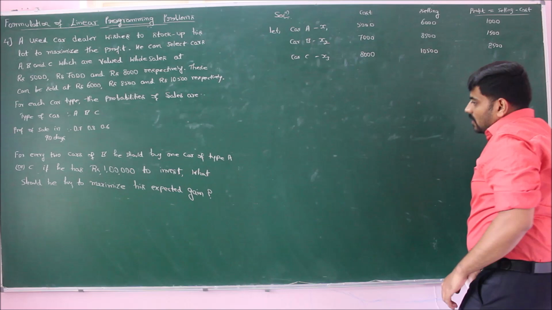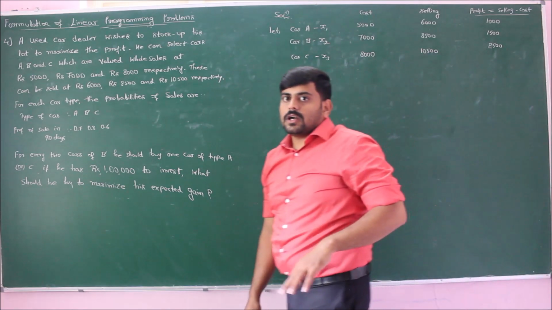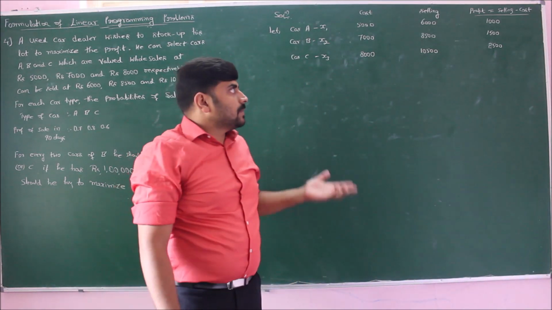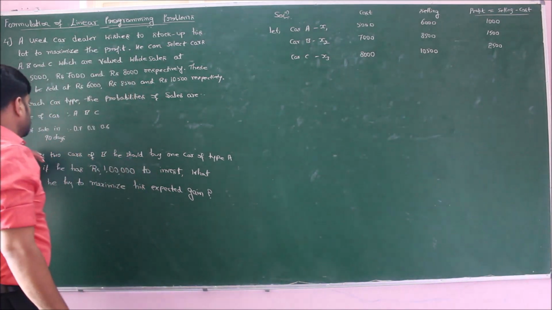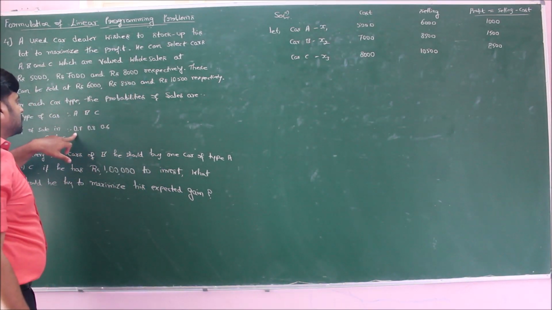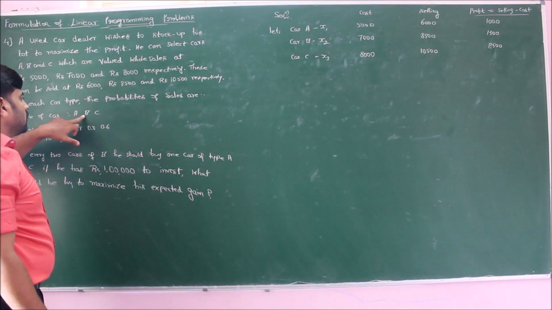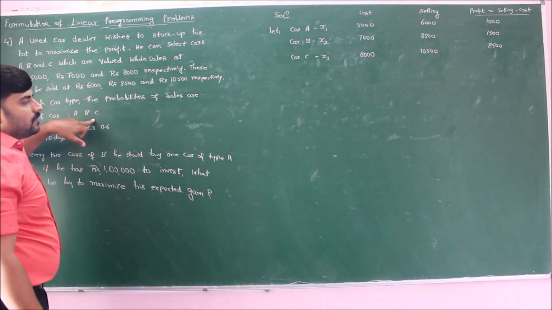But all the cars he purchased will not be sold. The probability of selling the cars is 70% for A, 80% for B, and 60% for C.